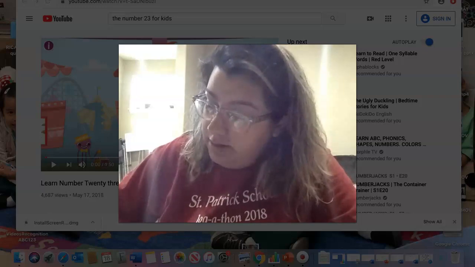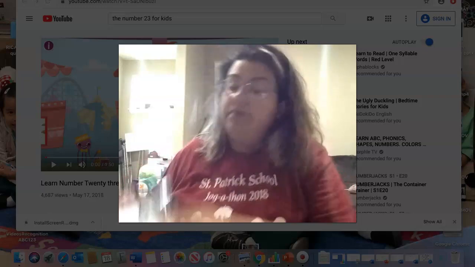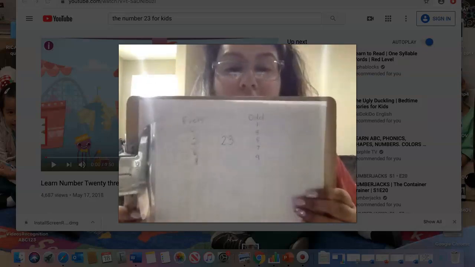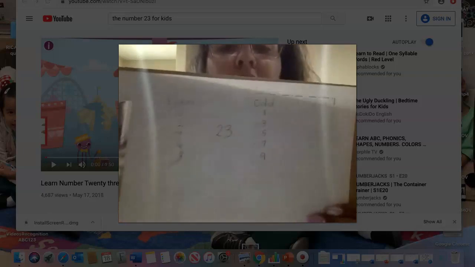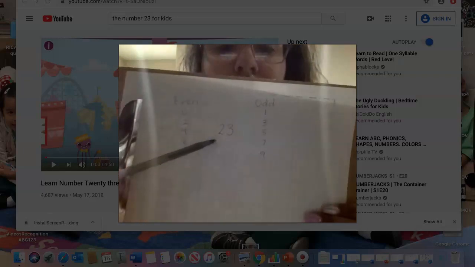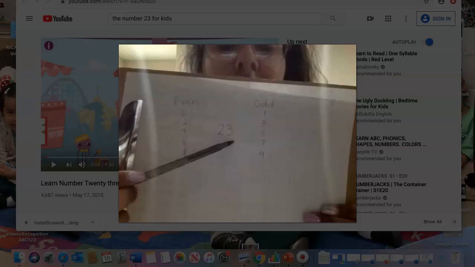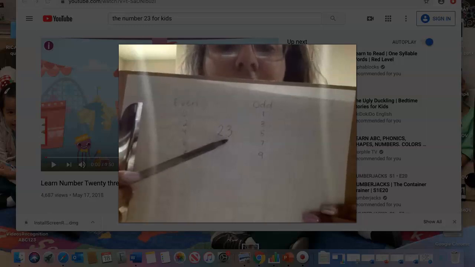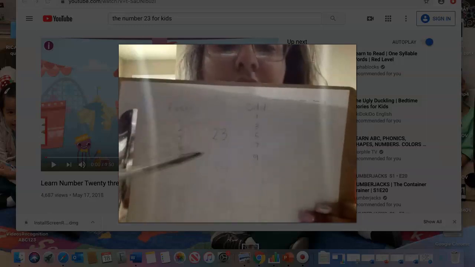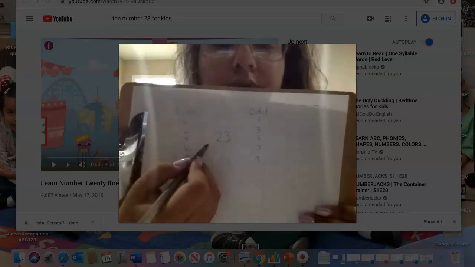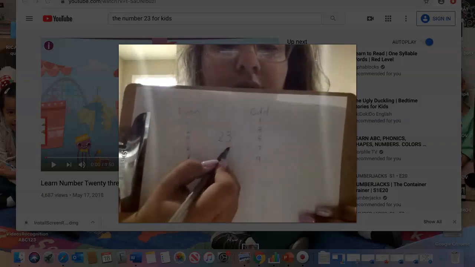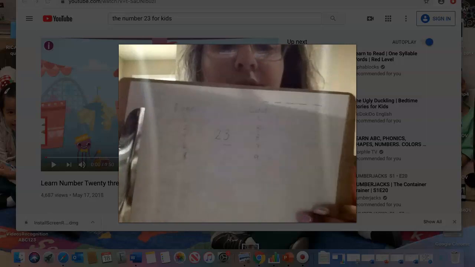And we are looking at the number 23. So reminder, we talked about this in class. We have two numbers here in 23. We have the 2 and we have the 3. So it's a double-digit number. And when we're looking to see whether it's even or odd, we are always going to look at the second number.